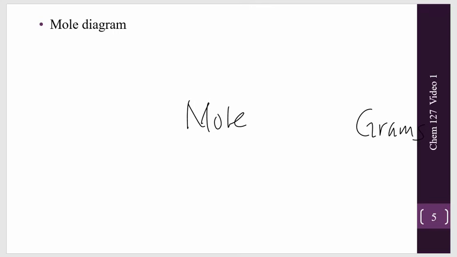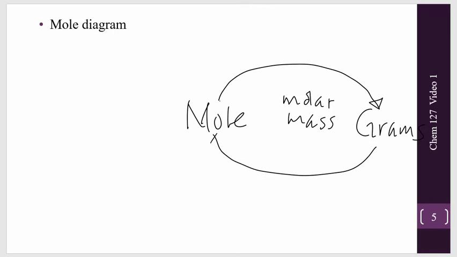We have one between moles and grams, and that is called the molar mass. That allows us to convert between grams and moles. So basically, it is however many grams per 1 mole.